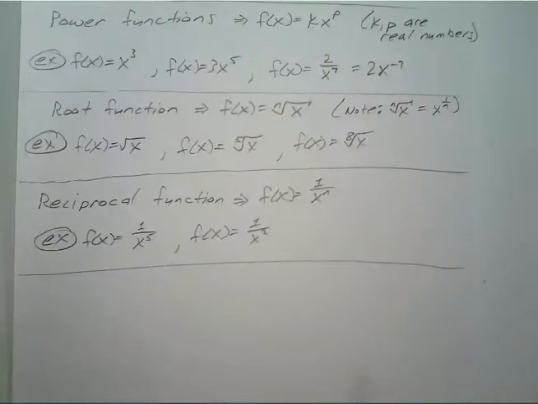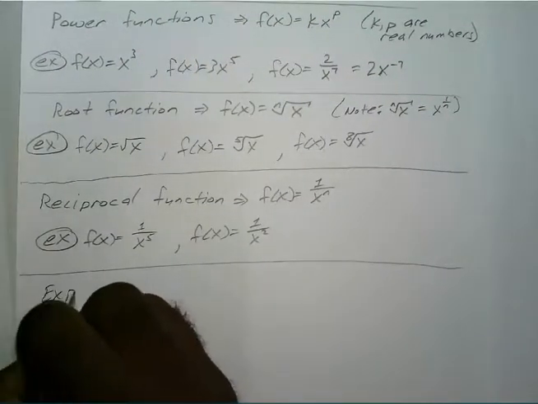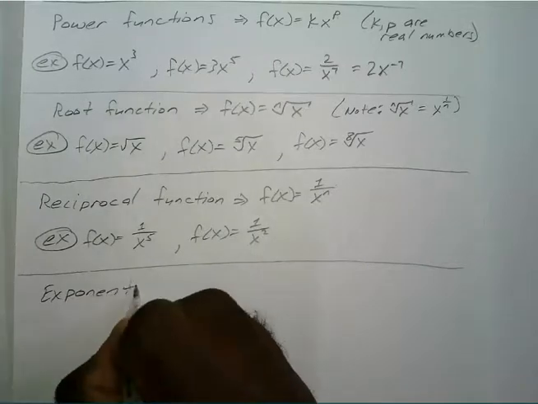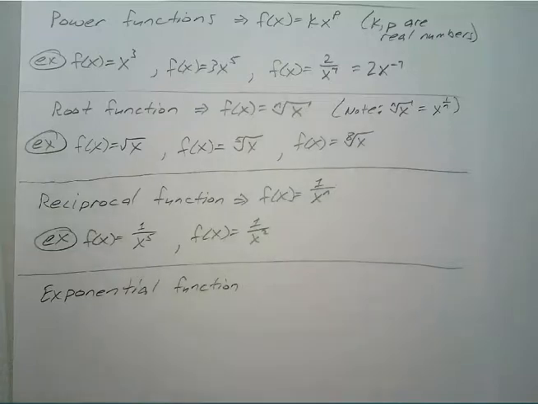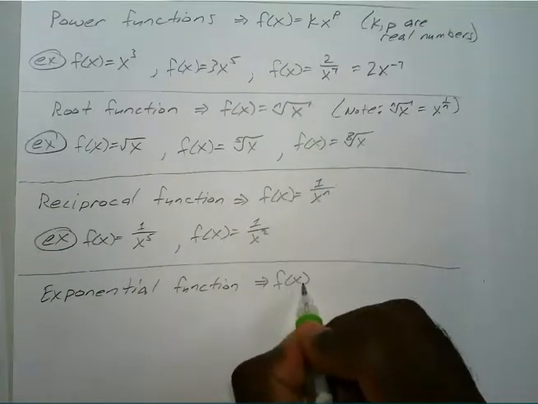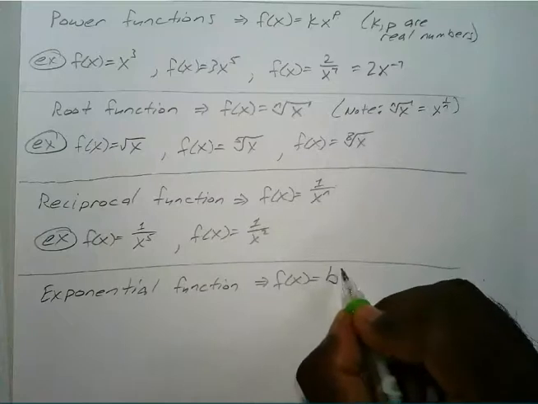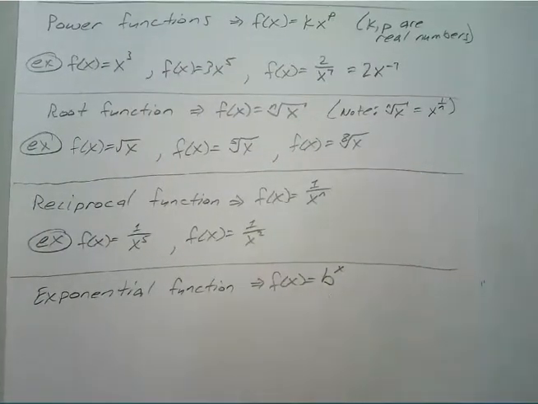All right. So let's look at the next one, which is our exponential function. Where we have f of x equals b to the power of x. Okay, we know that b does not equal 0.